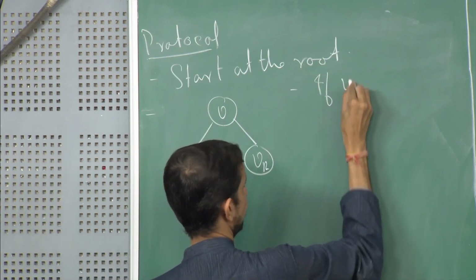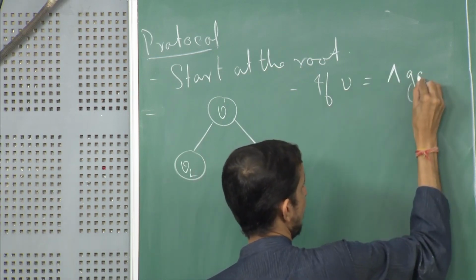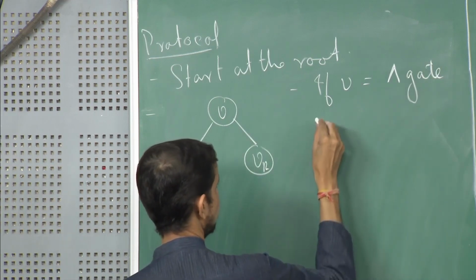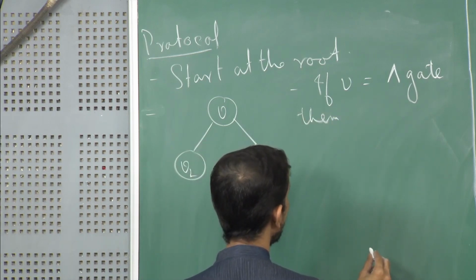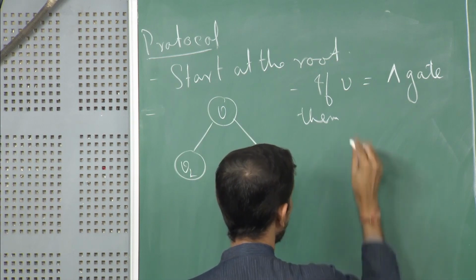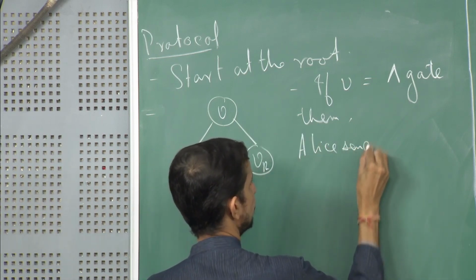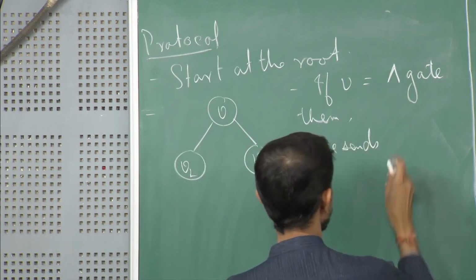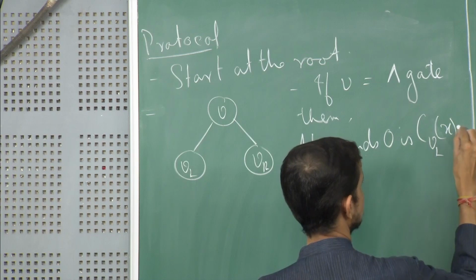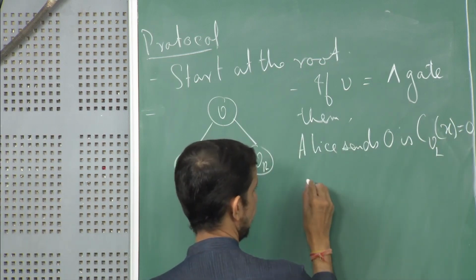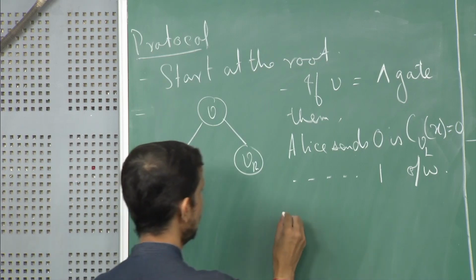If V is an AND gate, then Alice sends 0 if CVL of X is equal to 0, and Alice sends 1 otherwise.